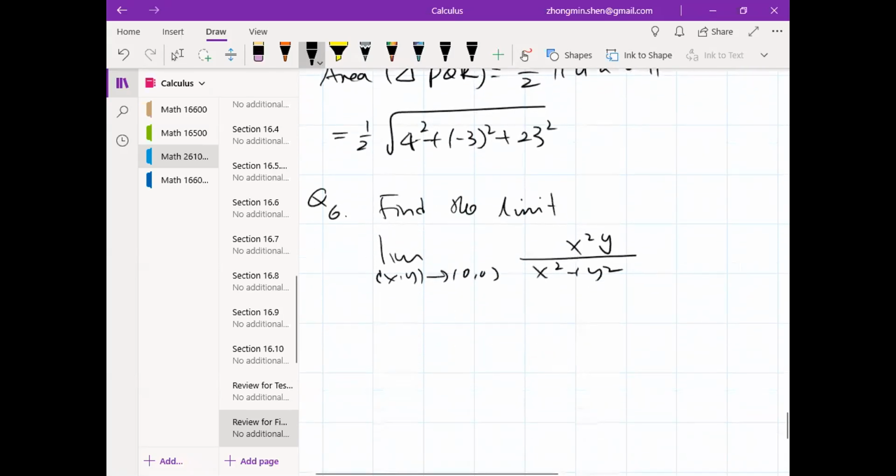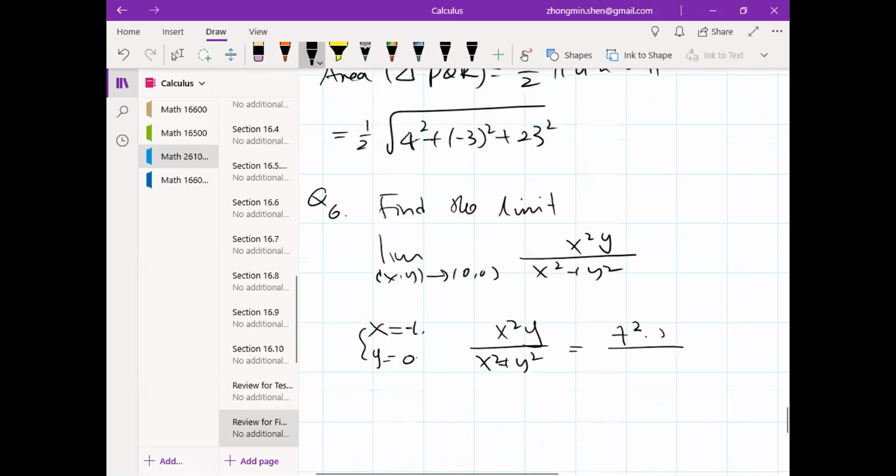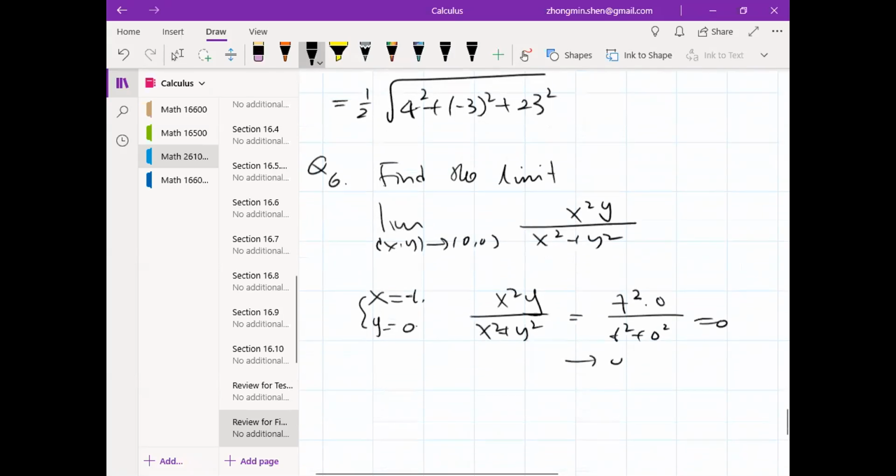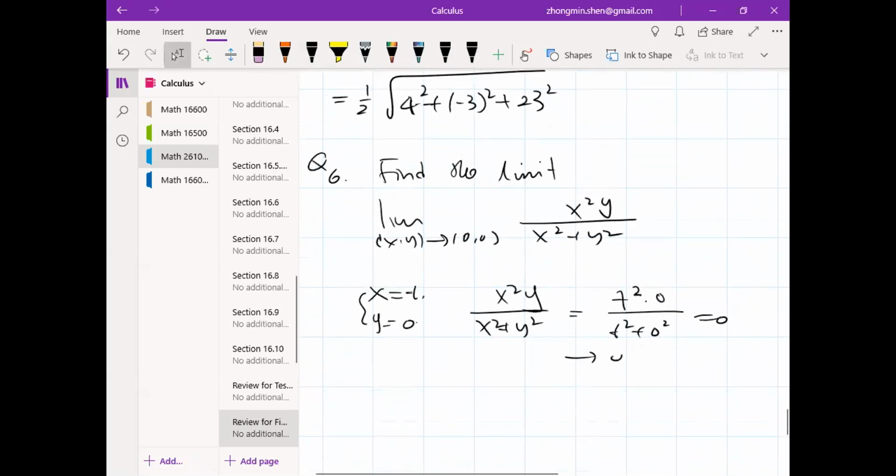For example, along the x-axis, you will see that x squared y over x squared plus y squared is going to be 0 over t squared, which is already 0. So along the y-axis, it's also 0.